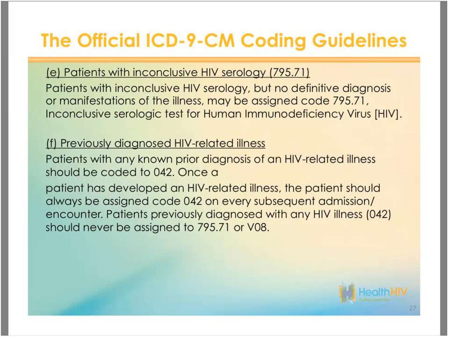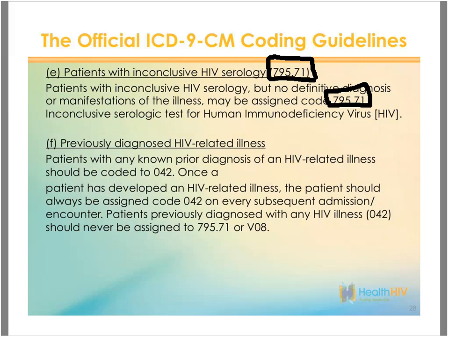All right. Okay. Patients with inconclusive HIV serology. So again, this is an inconclusive test. The coding guidelines state patients with inconclusive HIV serology but no definitive diagnosis or manifestations of the illness are assigned 795.71.